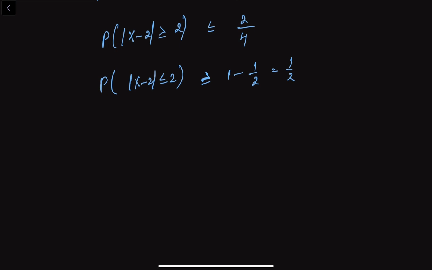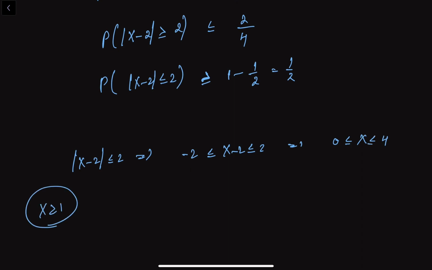But if you find the exact distribution, mod x minus 2 less than or equal to 2 means minus 2 less than or equal to x minus 2 less than or equal to 2. That means 0 less than or equal to x less than or equal to 4. Since it's a geometric distribution, x is greater than or equal to 1. So probability of mod x minus 2 less than or equal to 2 is the probability of x belonging to 1, 2, 3 and 4.